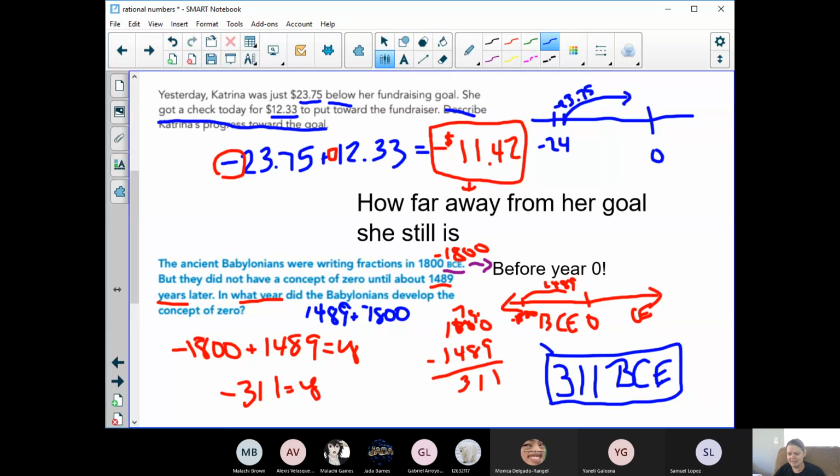Okay, does that make sense? Yeah, it's negative or it's subtraction either way you write it. We're just writing it as an addition equation right now.